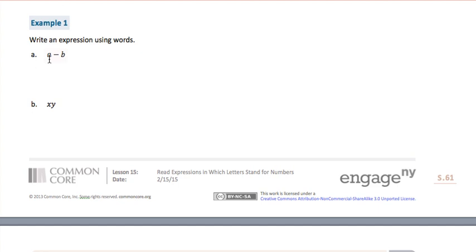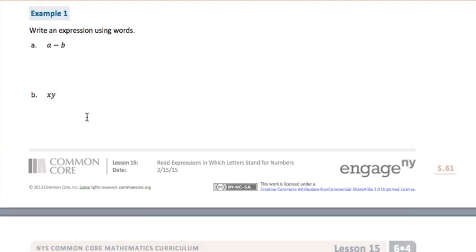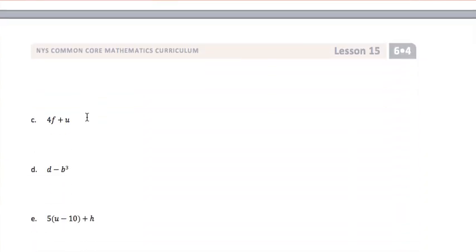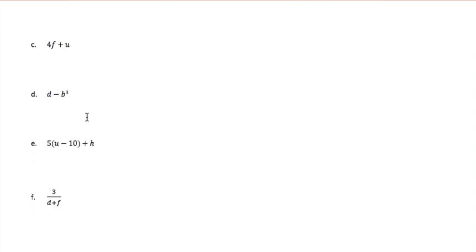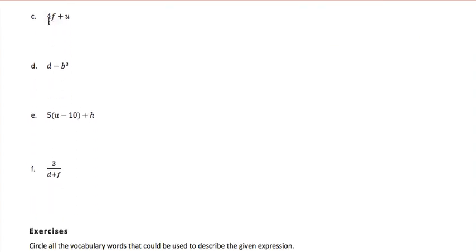The difference of A and B, A decreased by B, B subtracted from A. In B we have X times Y, the product of X and Y, X multiplied by Y. Try to think of as many ways as you can say each one.